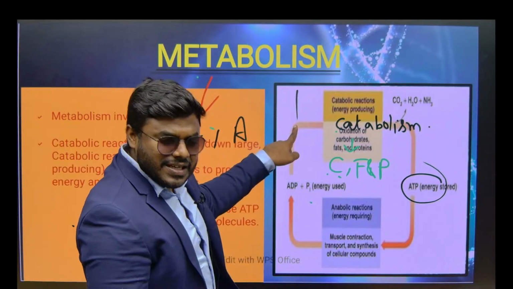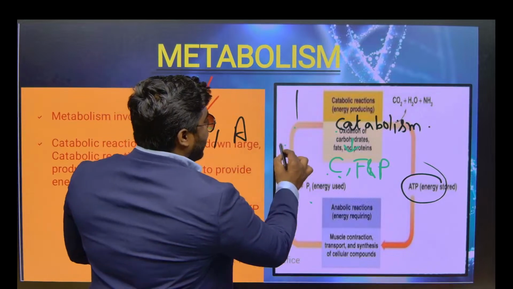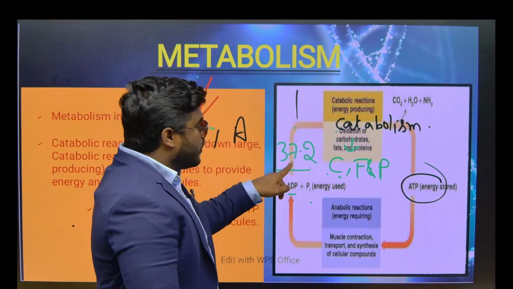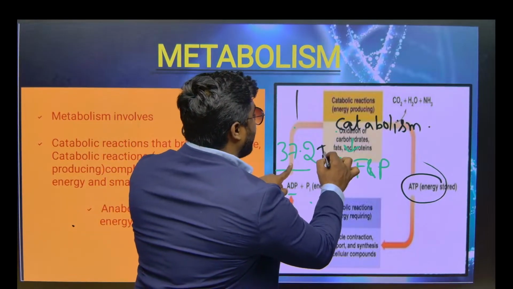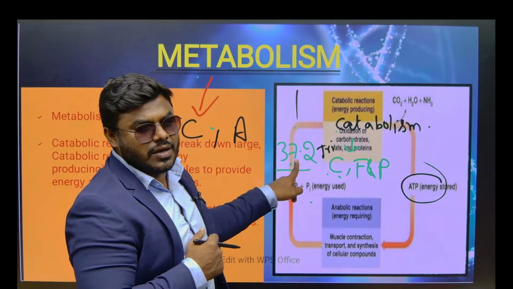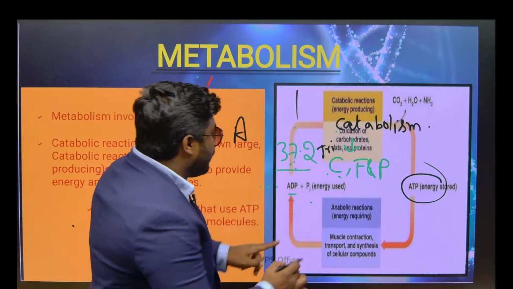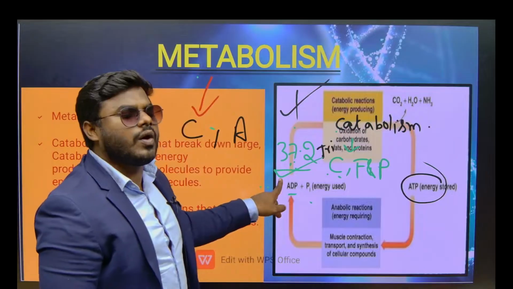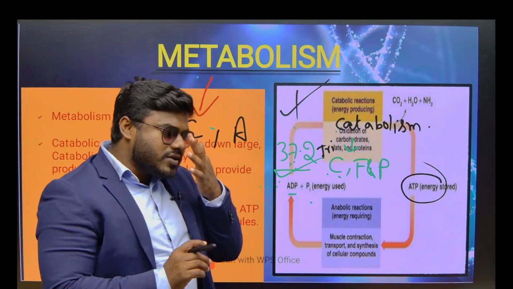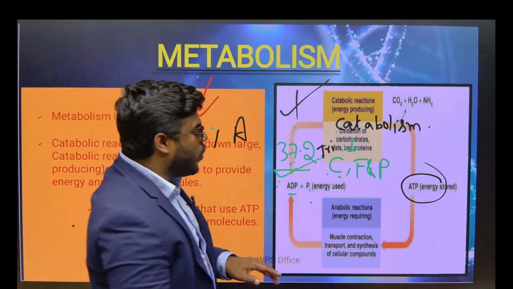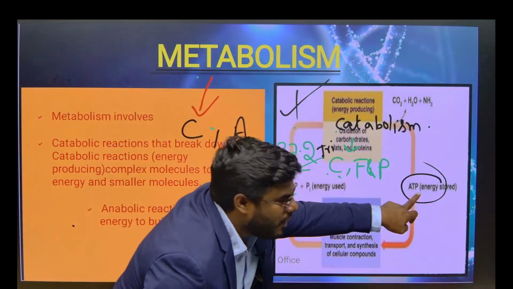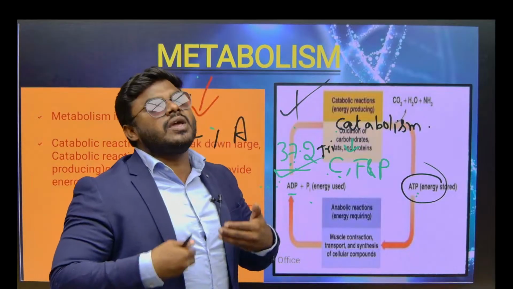Whether it is a single celled organism or a typical organism like a human, which contains 37.2 trillion cells, not billion, trillion. Whether it is a single celled organism or a multicellular organism, if the cell wants to perform any function, what does it require? ATP. Correct? Any function.